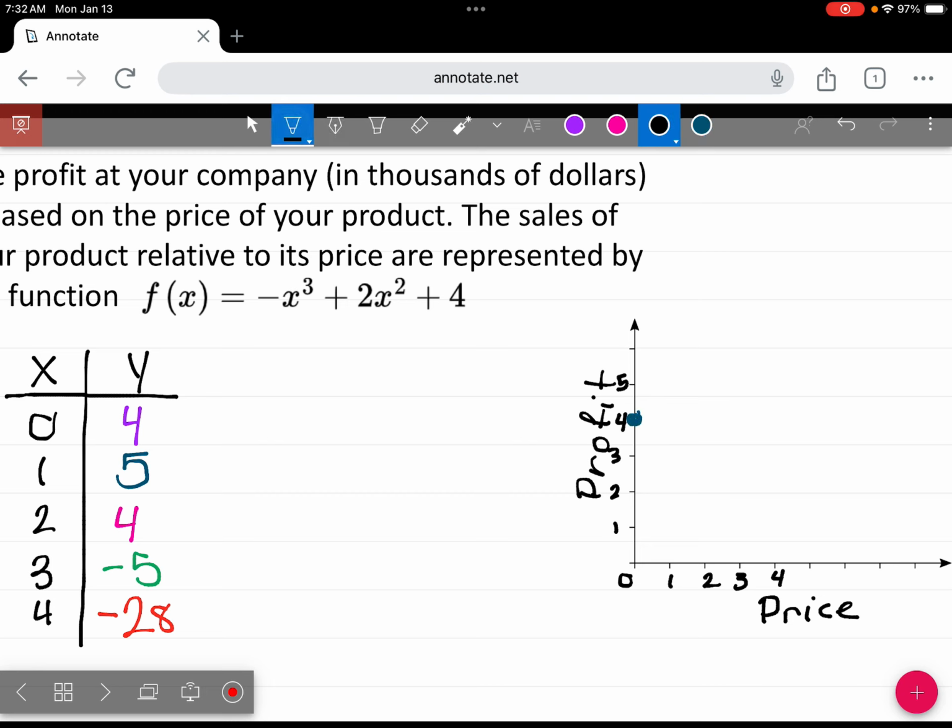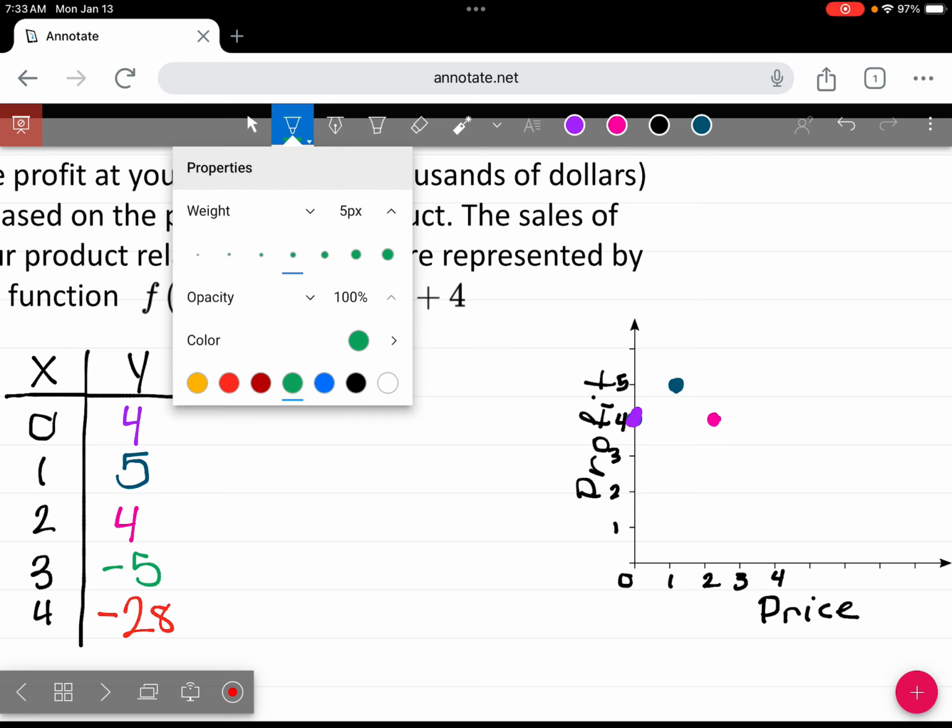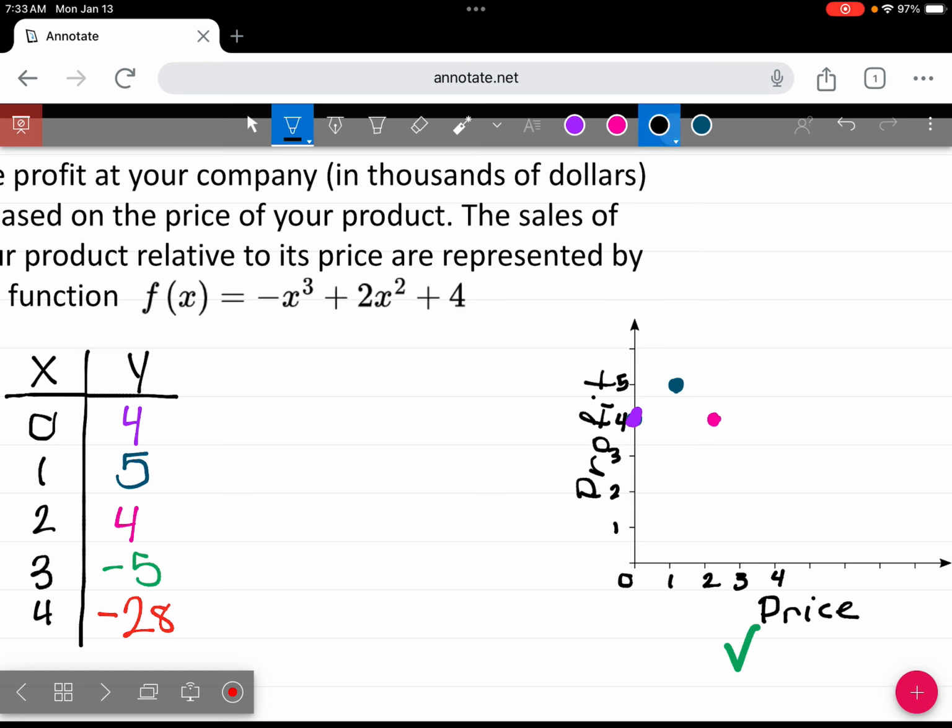Got a point here. Our 1, 5. 2, 4. And then 3 is down negative 5, way down yonder. And then 4 is even further.